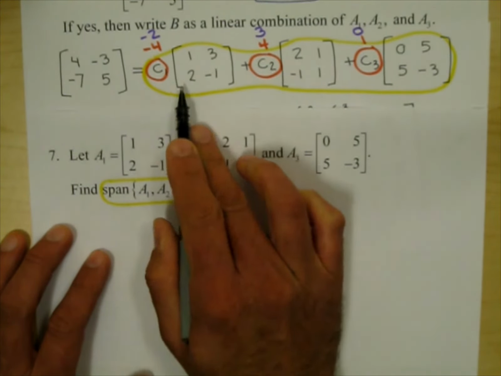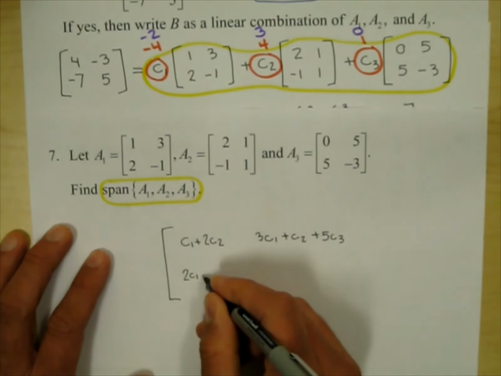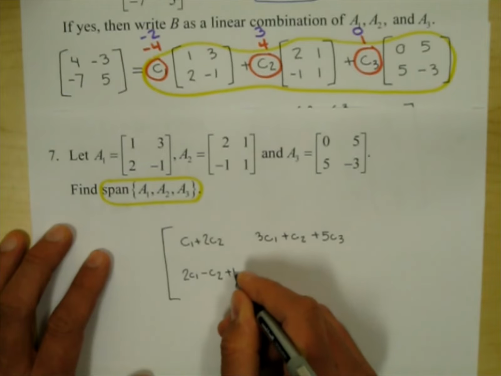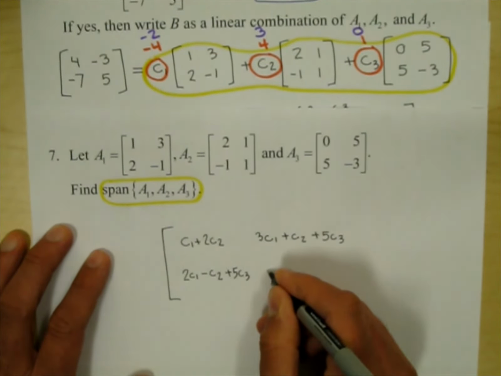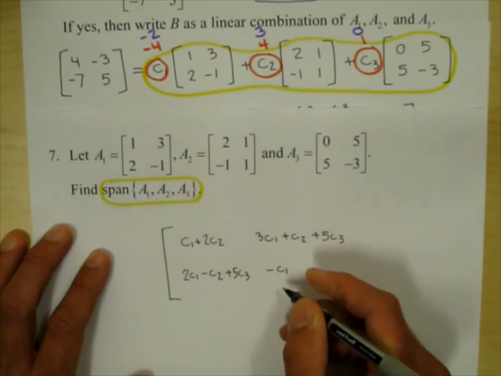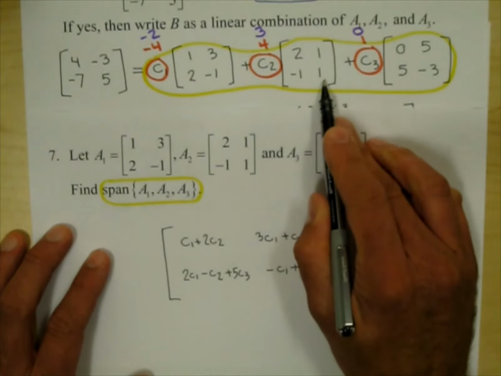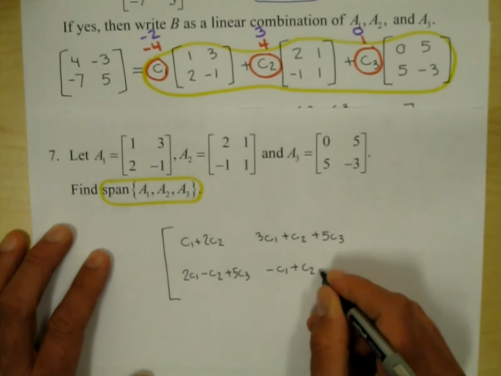Okay, bottom left, 2C1 minus C2 plus 5C3. Bottom right would be negative C1 plus C2 minus 3C3.